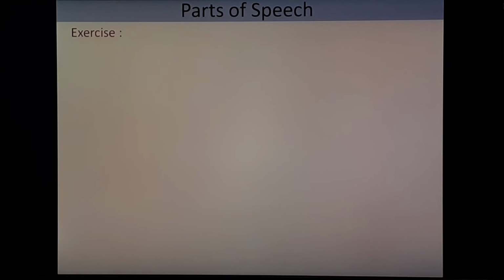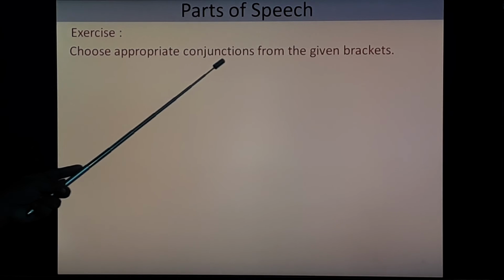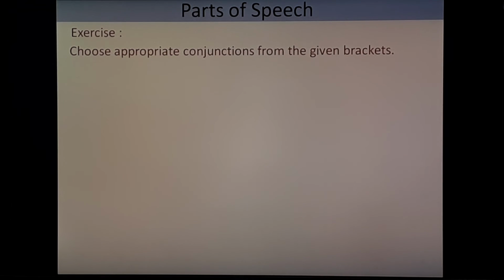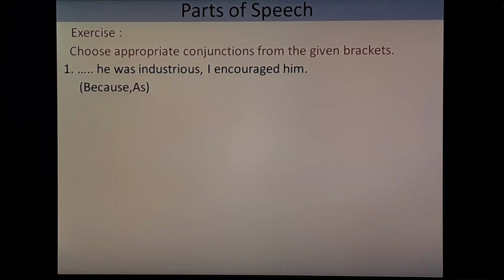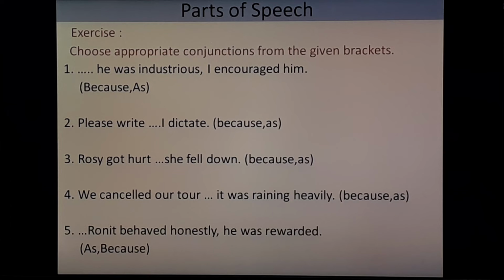Let's do a related exercise. Choose appropriate conjunctions from the given brackets. Okay, five sentences are given with brackets. You have to choose appropriate conjunctions from the brackets.